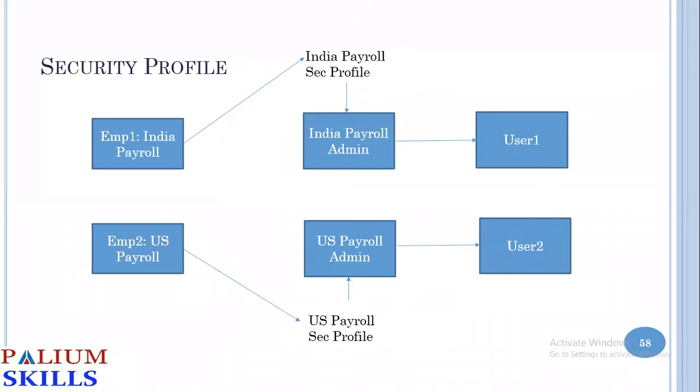Any employee who belongs to US payroll will be part of the US payroll security profile. That security profile will be assigned to the role. That role will be given to the user. So user 1 is tied to employee 1, user 2 gets tied to employee 2. Is that understood? Yeah.